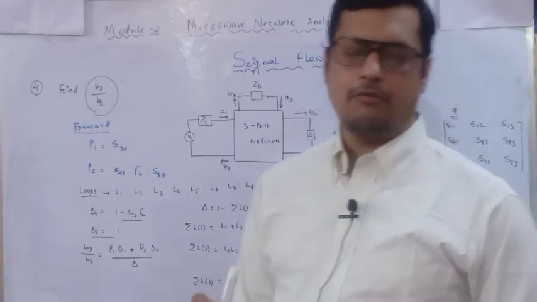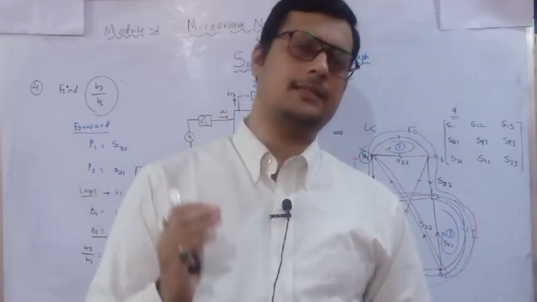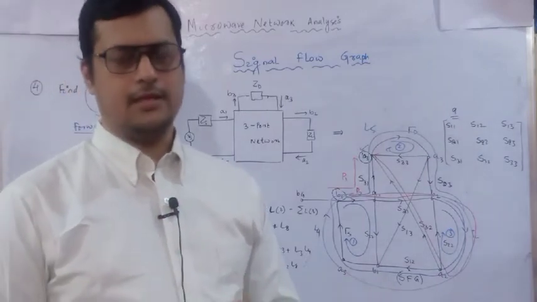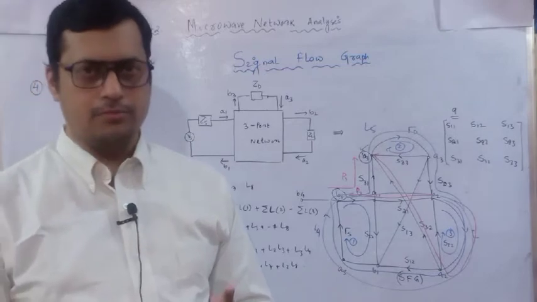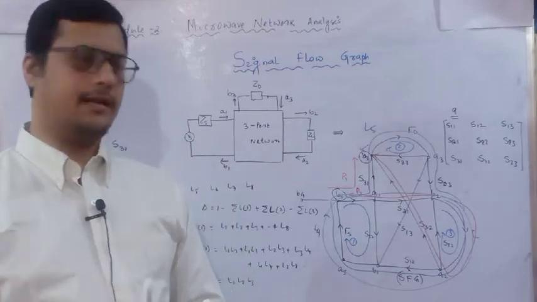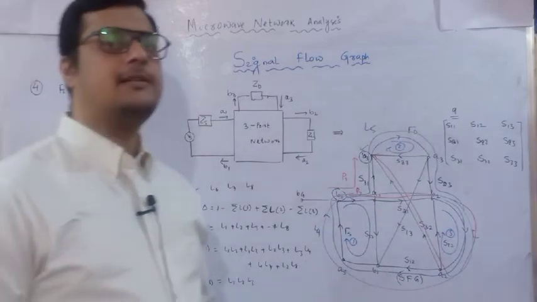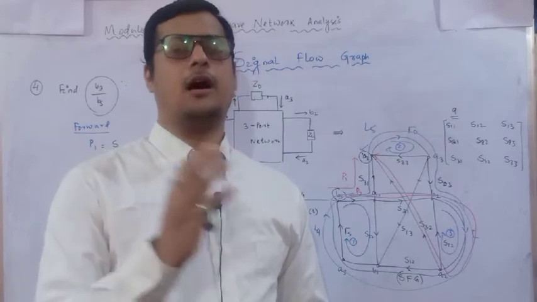In this, what we have to identify, first, is the signal flow graph. Once the signal flow graph is identified, you have to identify the forward paths, the loops, and the non-touching loops with respect to each path. Then with the help of Mason's gain formula you can represent the transfer function between the given input and output nodes.